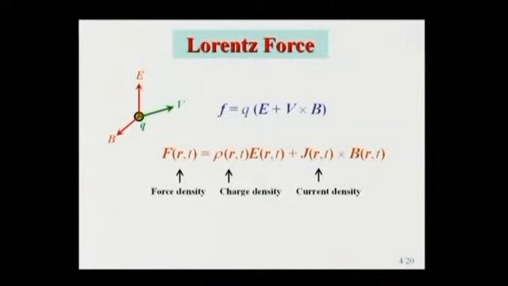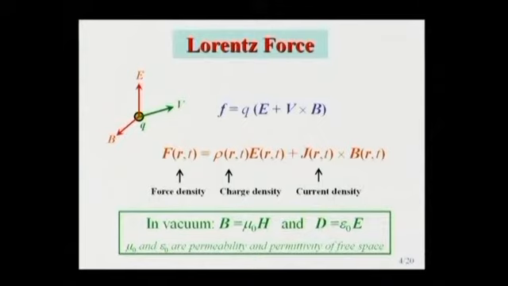So QE becomes rho E, but now we are talking about force per unit volume. QV is charge times velocity. That's the current. So current density is J. J cross B is the second half of the expression for force, electromagnetic force. So this is the same equation as the one we had for the charged particle.